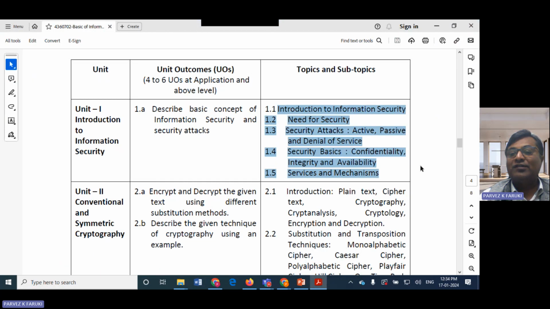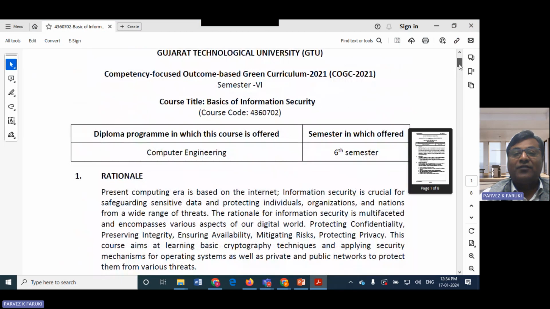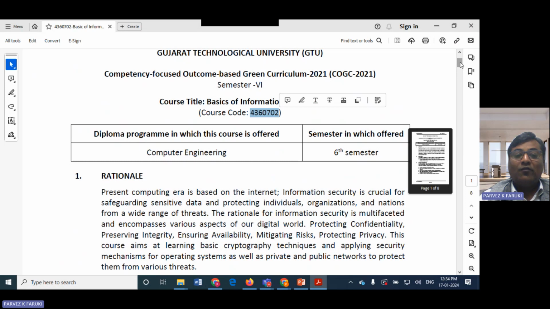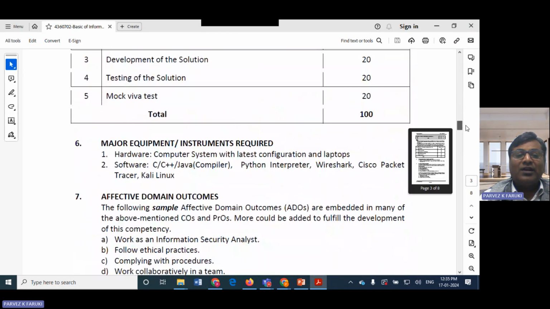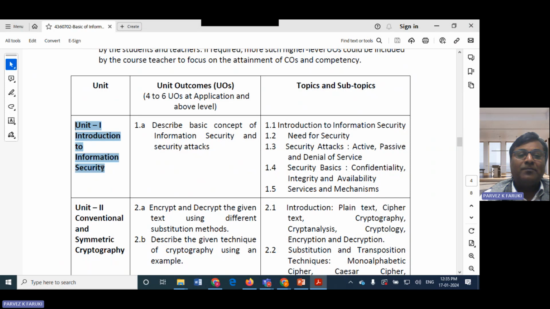Today, I'm going to discuss and start with a course called Basics of Information Security. This is your semester 6 course with course code 4360702. And you also have to remember that security and privacy is a very critical part, one of the most important pillars of computational science.